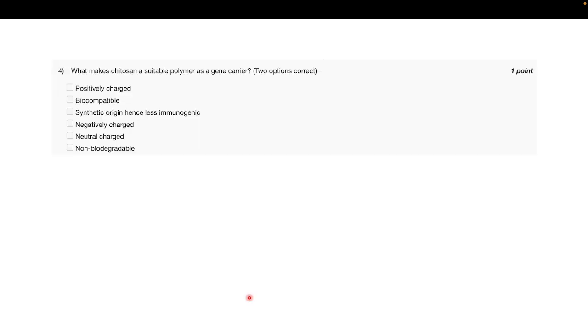The 4th question is, what makes chitosan a suitable polymer as a gene carrier? I think it's now getting repeated. So yeah, again 2 options to choose from. Option 1 and 2. Okay, thanks for answering. Anybody else?